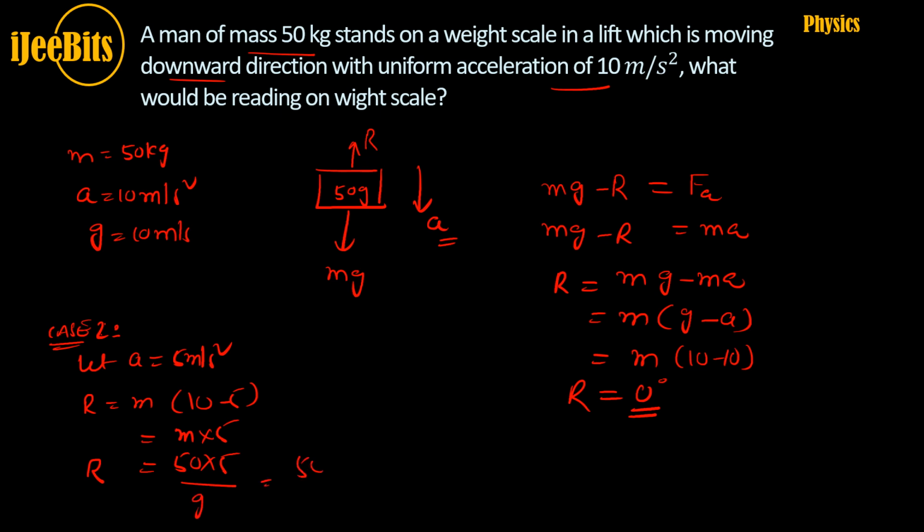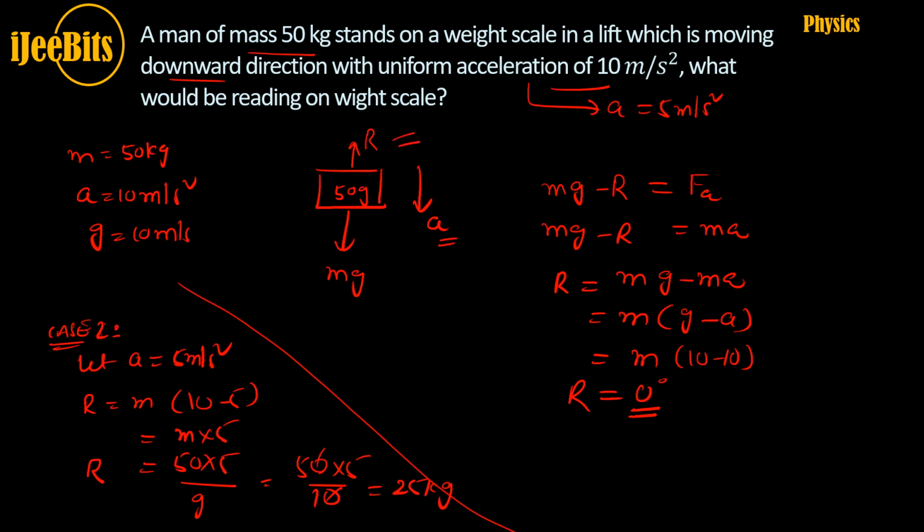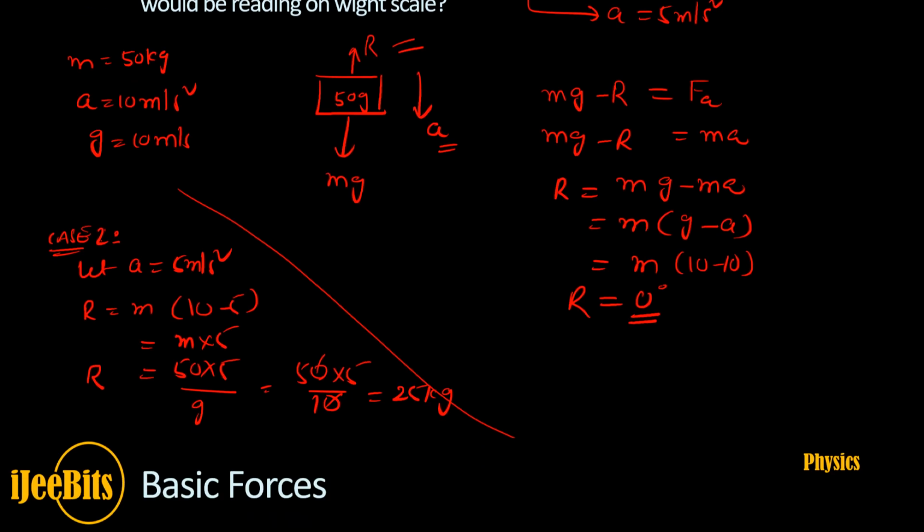So 50 multiplied by 5 divided by 10, then you get 5 into 5 is 25. 25 kg is what you get. This is case 2, where a equal to 5 meters per second square. That is the problem statement for case 1 and case 2, right? So acceleration due to gravity and acceleration of the lift both create a deciding factor in your reading value on the scale. Nice problem.